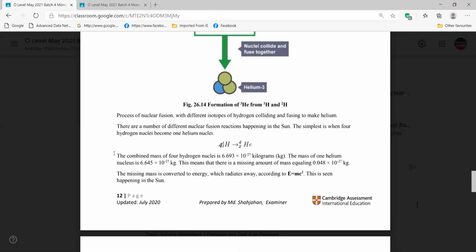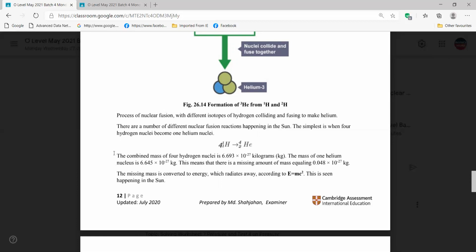Here. The combined mass of four hydrogen nuclei is 6.693 into 10 to the power minus 27 kilograms. The mass of one helium nucleus is 6.645 into 10 to the power minus 27 kg.